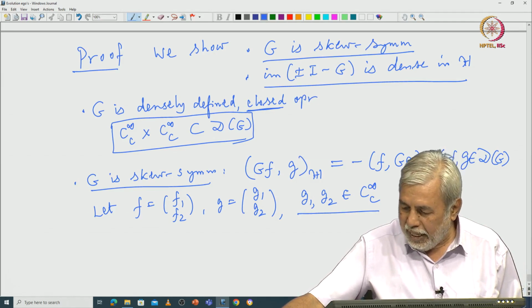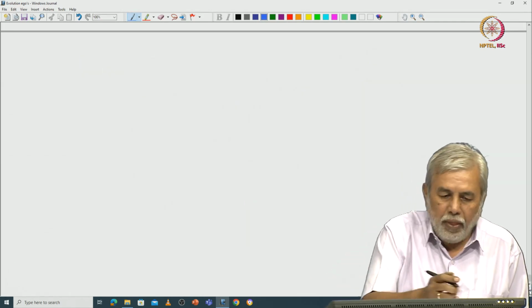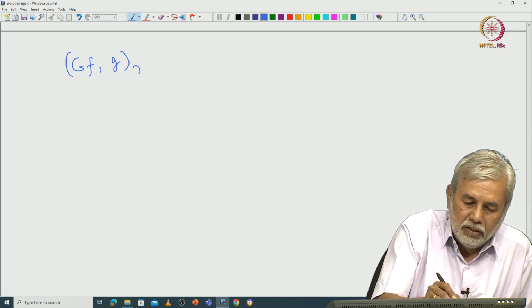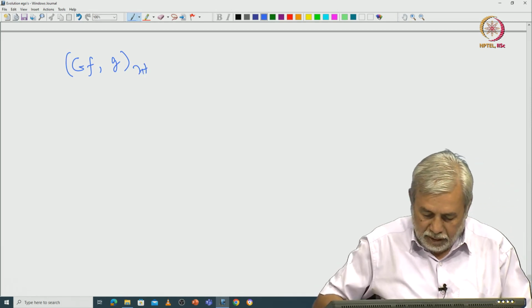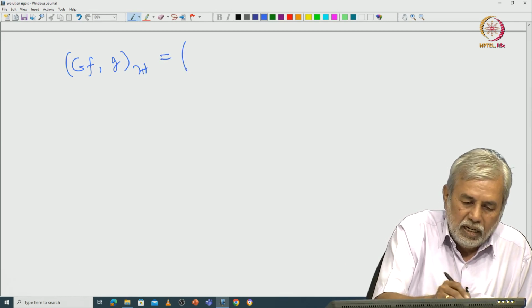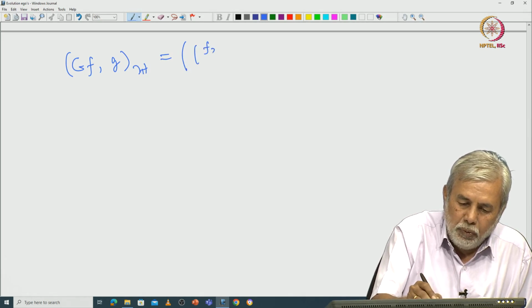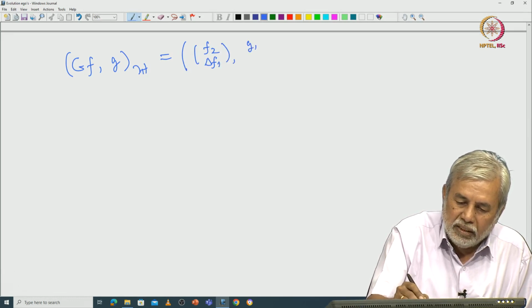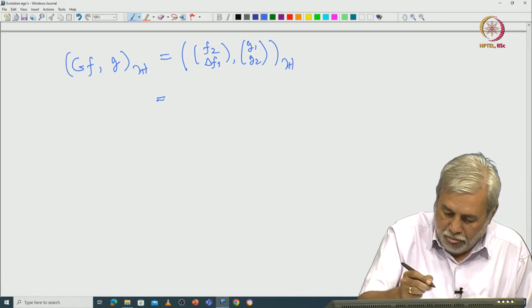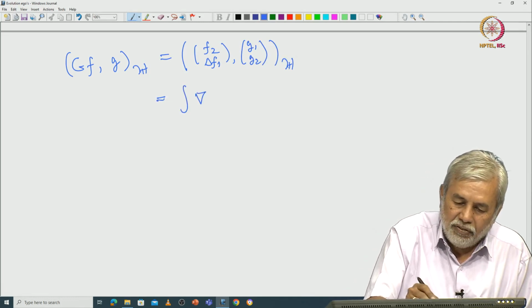So, now let me write that, what is this Gf inner product with g in H. So, the components of Gf are f2 and Laplacian f1, and the components of g are g1, g2, and that inner product in H, by definition, is integral grad f2 dot grad g1.